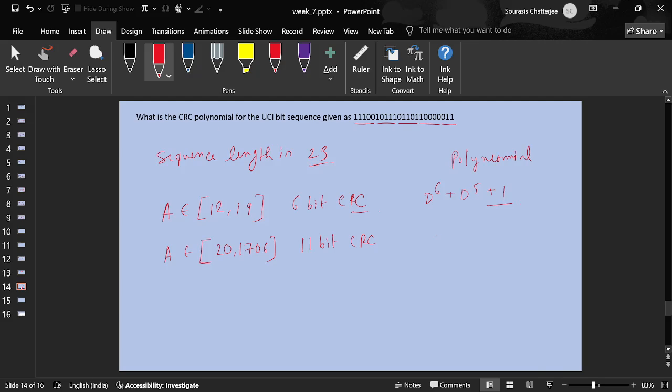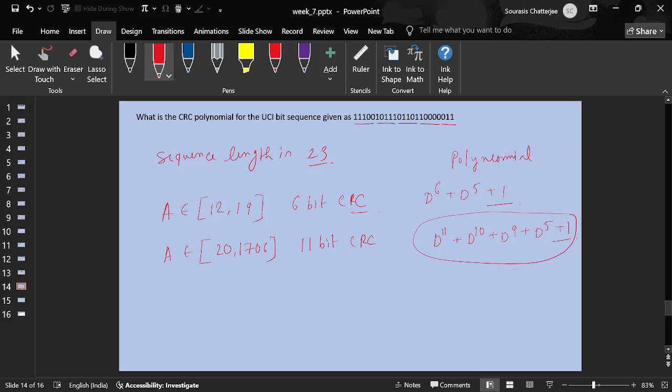This generator polynomial has the terms D11, D10, D9, D5, and 1. Since the sequence length here is given as 23, we are supposed to use this generator polynomial.